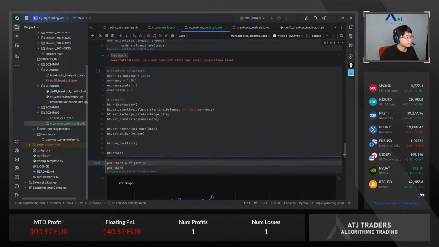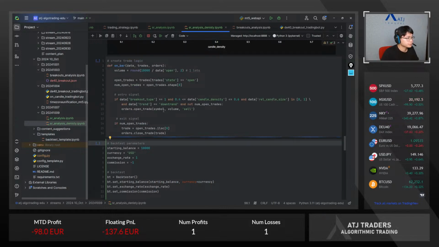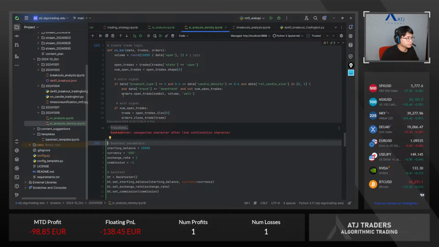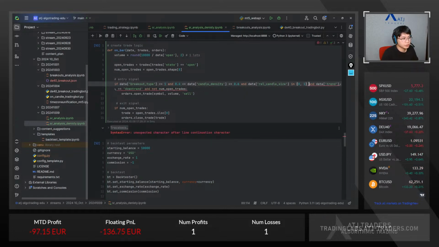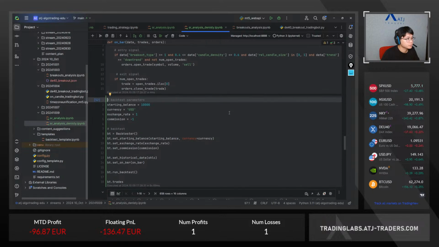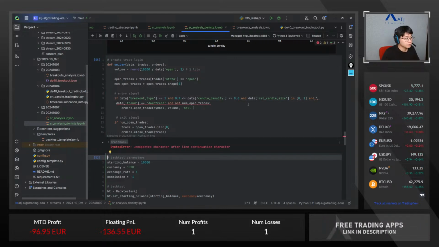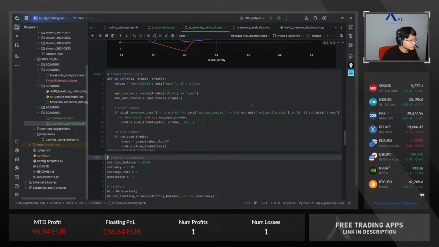Let's run the backtest again. Oh, and the indent is bad. I'm just gonna do it like this. Or I should write the end here. We are basically trading liquidity grab. Yeah, seems like it.